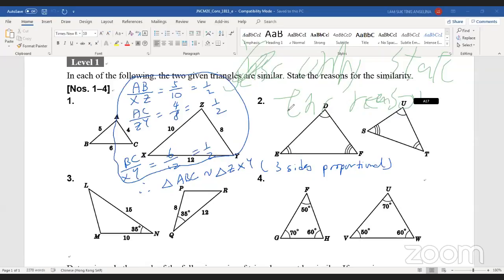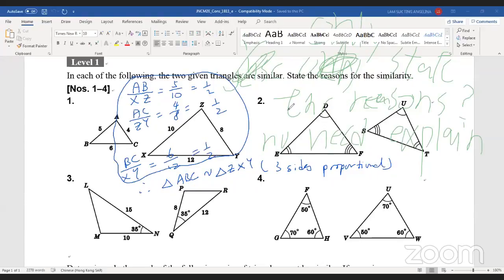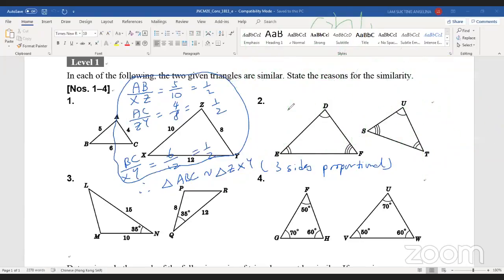Why state the reason, why not? Because once again, if you don't learn it now, I just tell you when you are in Form 4, we require you to write all these steps.